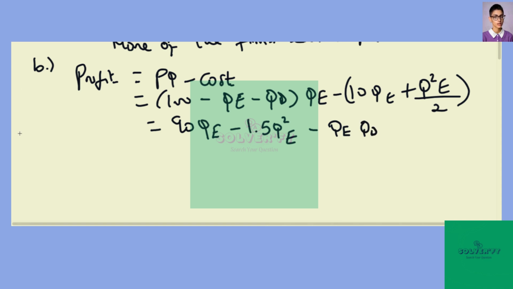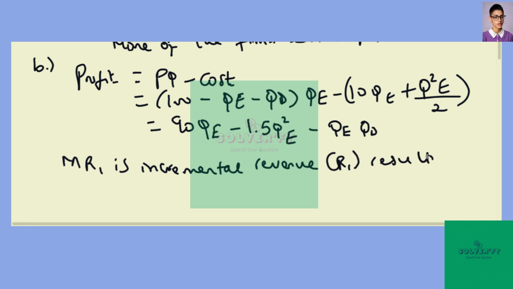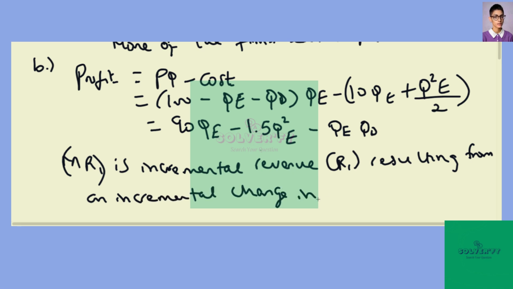So marginal revenue 1 is just the incremental revenue R1 resulting from an incremental change in output Q1.